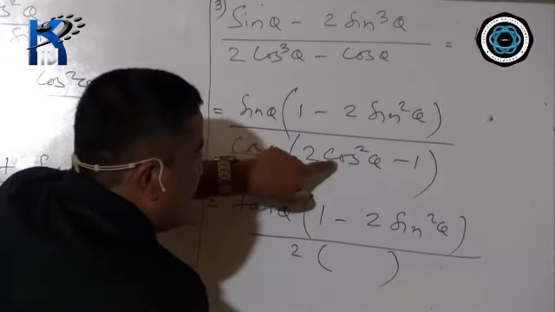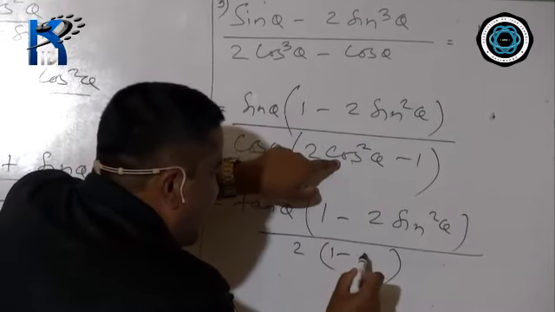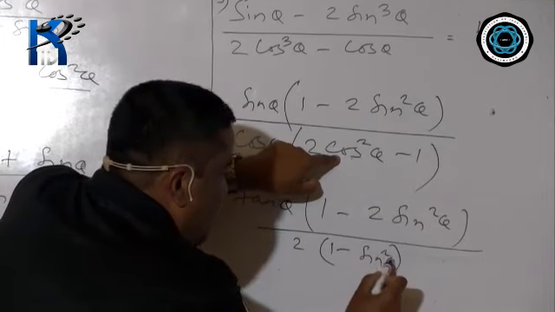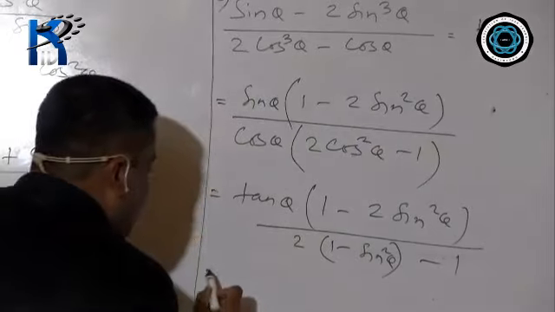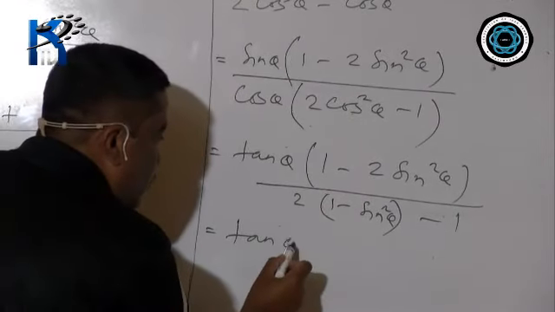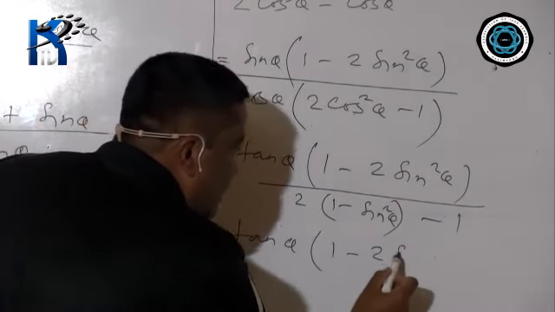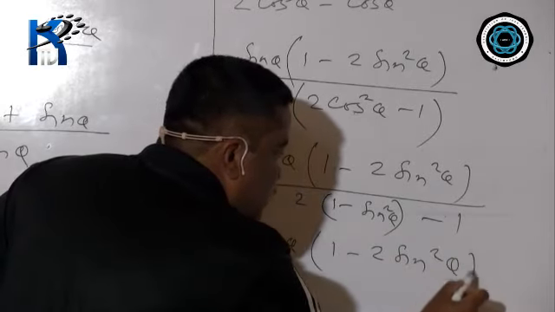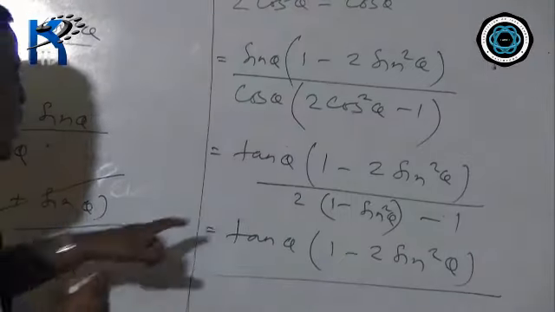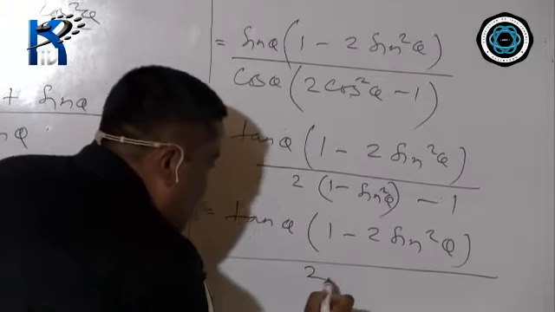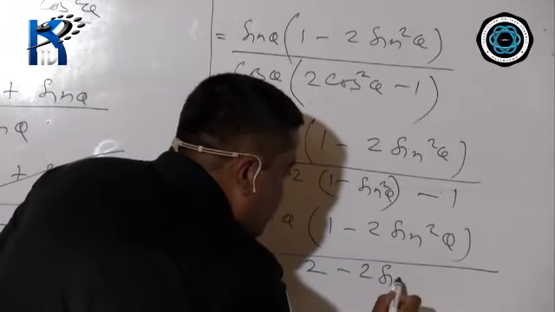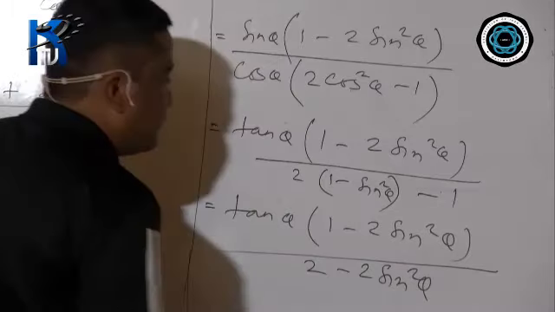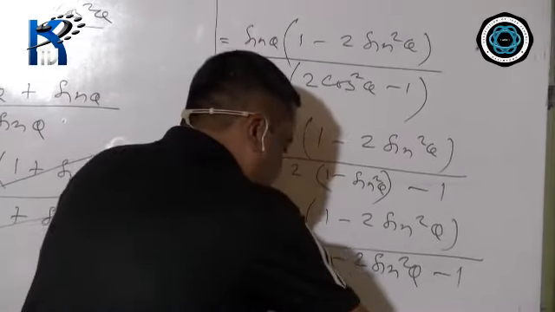Now I am converting this. Instead of cos square theta, I am writing 1 minus sin square theta, minus 1. After that, numerator you copy as it is, 1 minus 2 sin square theta divided by, now 2 ones are 2, minus 2 into sin square theta is 2 sin square theta minus 1.